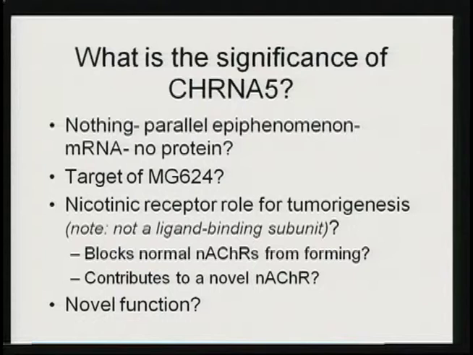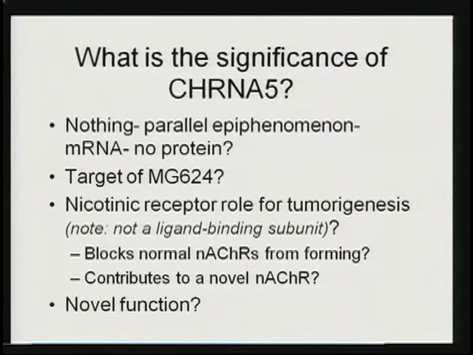Alpha-5 can't do that. So if you take alpha-5 and beta-2 together, they can't act like a nicotinic receptor. So what could be going on? Is it possible that such high levels of alpha-5 can prevent normal nicotinic receptors from forming, and maybe the normal ones are the ones that are allowing in too much calcium and promoting proliferation?